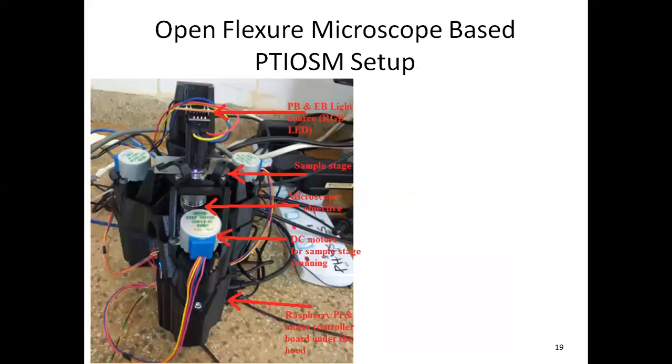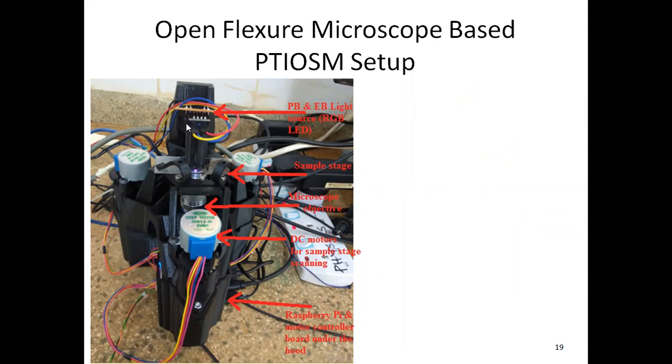And the final setup we developed was essentially to try to incorporate the photothermal induced optical scattering imaging technique using the conventional optical microscope, and we adopted an open source microscope called OpenFlexure microscope.